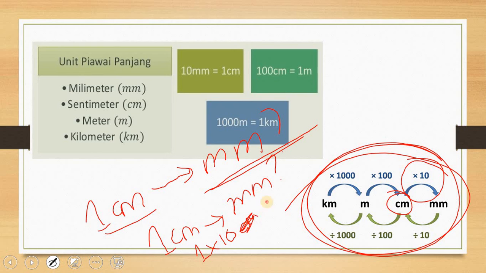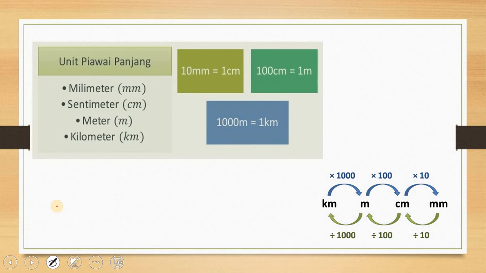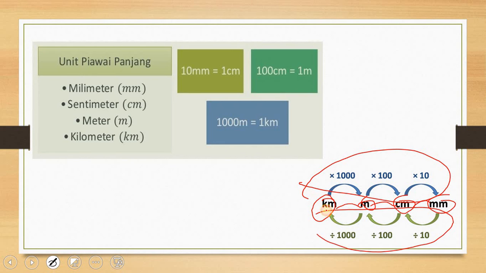So dapatlah 10. So 10 apa? 10 millimeter. Okay. So this is how you convert. How you change. Macam mana kau ubah daripada kilometer pergi meter, daripada meter pergi sentimeter, daripada sentimeter pergi millimeter. Jadi yang ni semua adalah darab dan ni semua adalah bahagi.